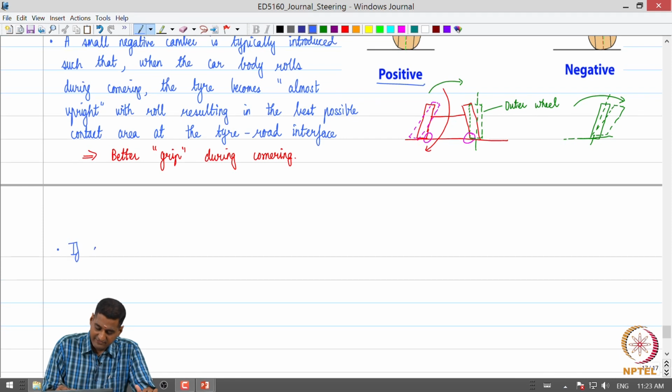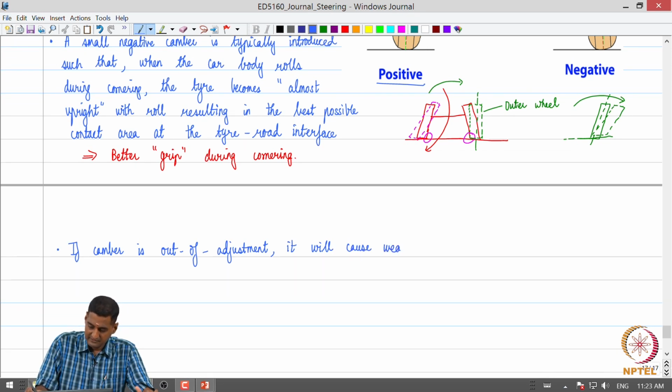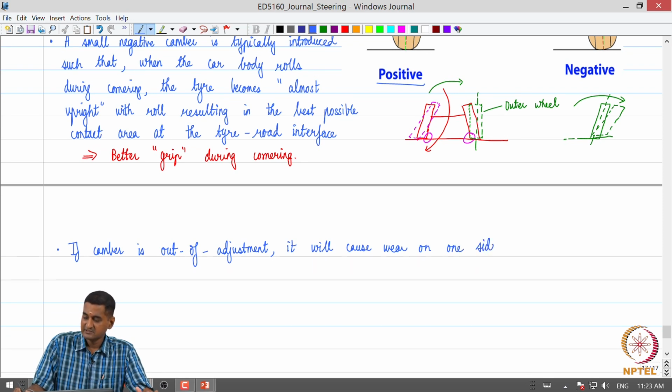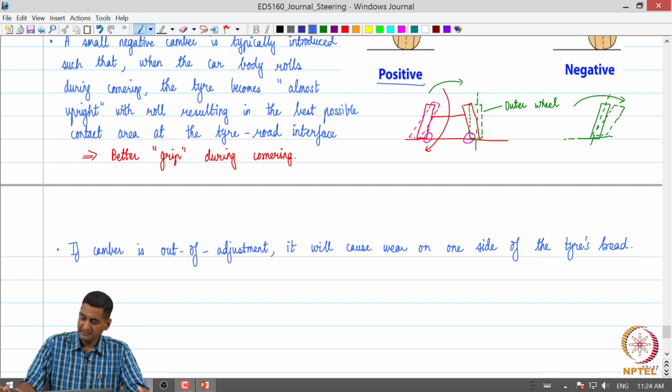Now, if camber is out of adjustment, it will cause excessive wear on one side of the tire tread.